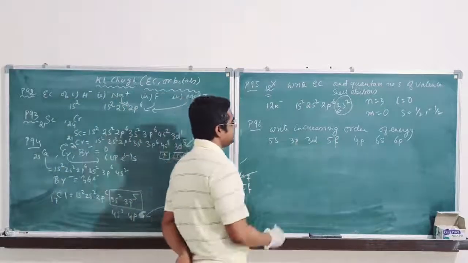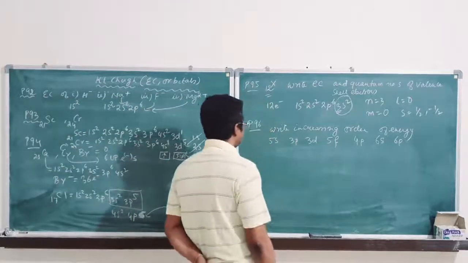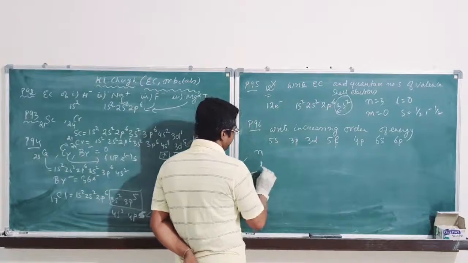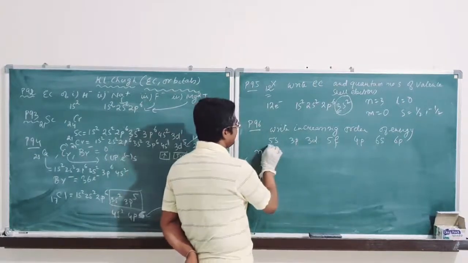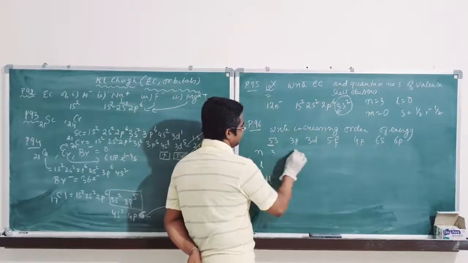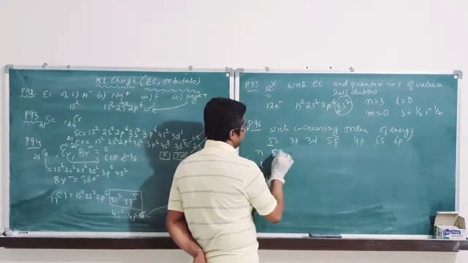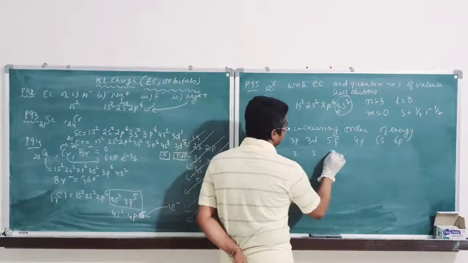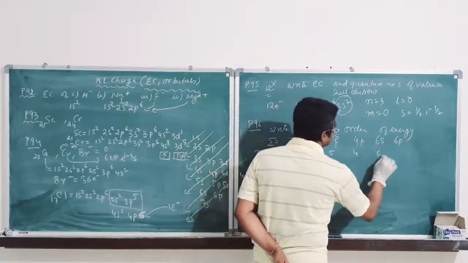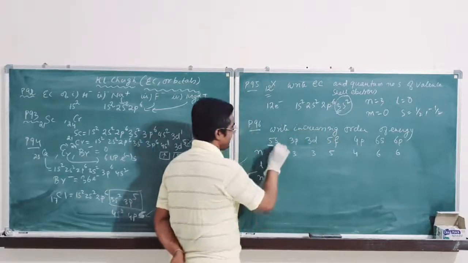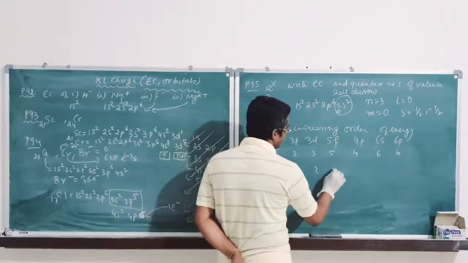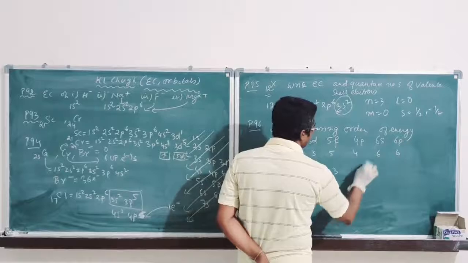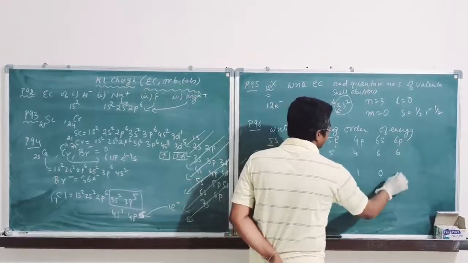I have said in this case what you will do, you will try to find out the value of n, l and then n plus l, ठीक है. तो in this case what is n means this one, nothing else, so 3, right, this is 5, this one 3, 5, 4, 6 खत्म. नेक्स्ट l, s का 0 होता है, p का 1, d का 2, f का 3, p का 1, s का 0, p का 1, ठीक है.